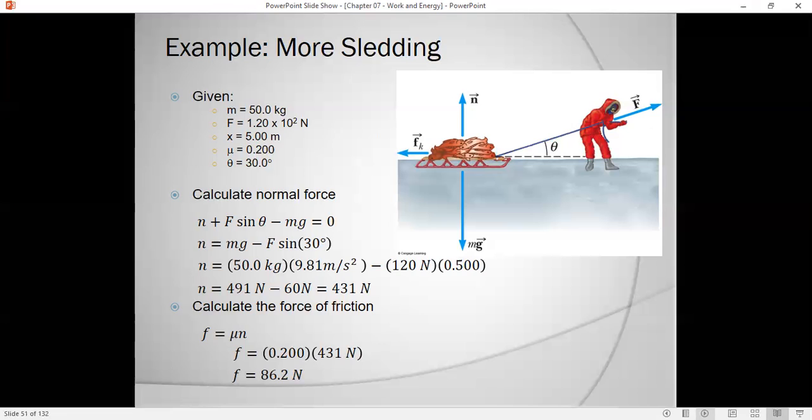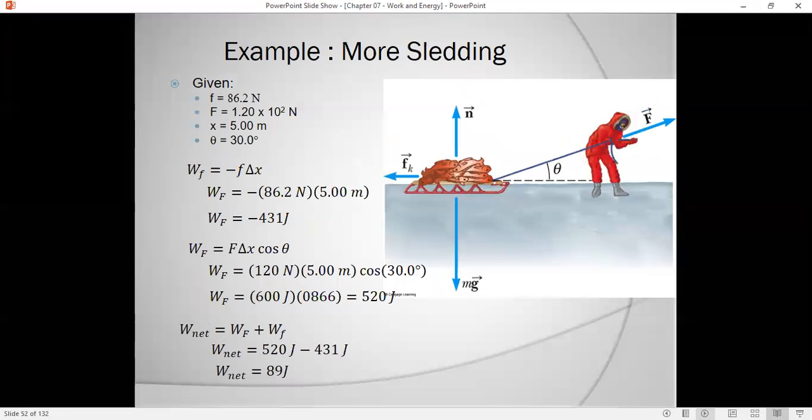All right, so let's do our work calculations. We calculate the work done by friction. Okay, here's my smaller force times my displacement. So I've got negative 431 joules acting against the sled. Here is the work that I perform dragging the sled, 120 newtons, 5 meters, cosine 30 degrees, because again, I'm doing this at an angle, folks.